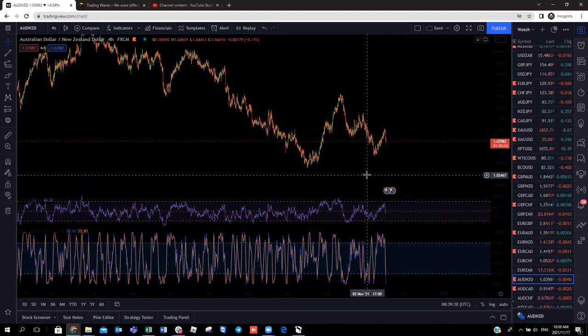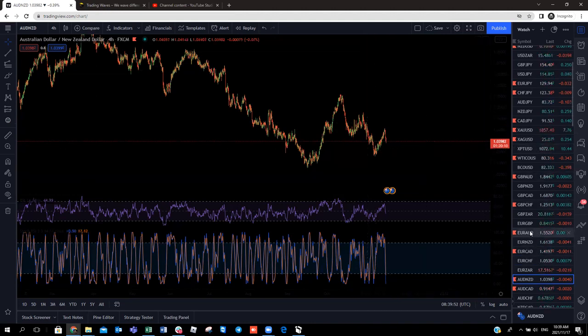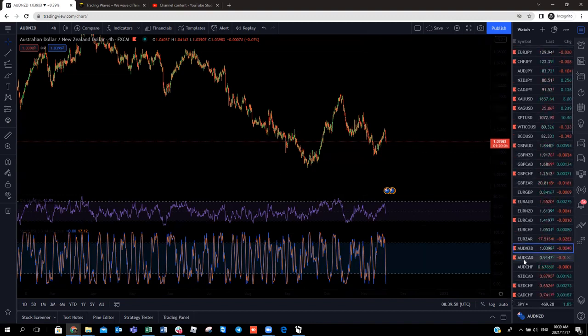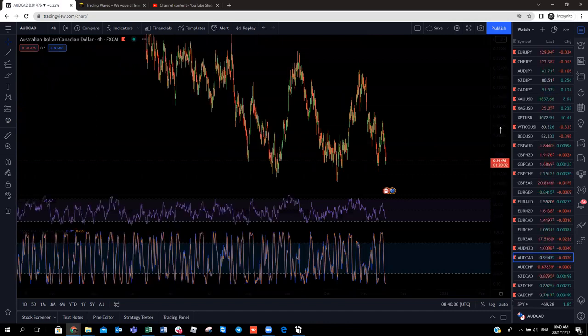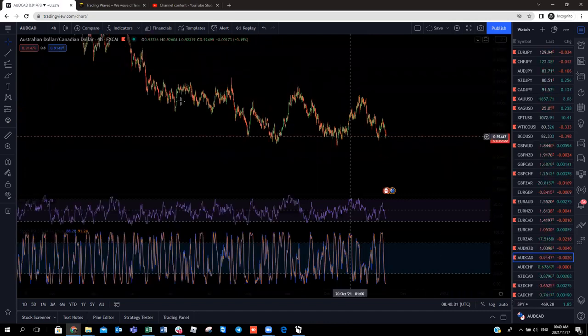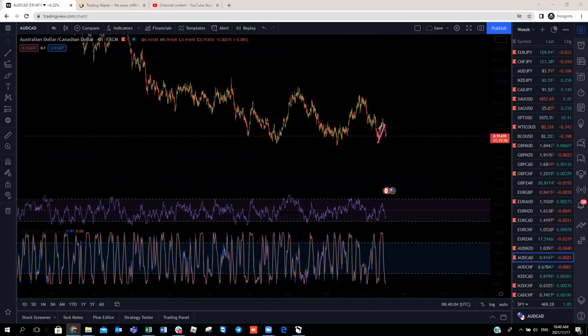Next one on the process is Aussie CAD. Let's have a look at Aussie CAD. Something quickly. Right, Aussie CAD. You can see that this moves to the downside because of the weakness in the Aussie.